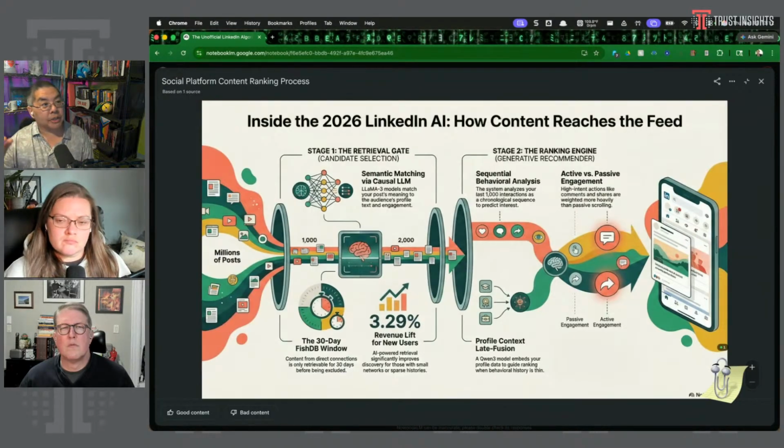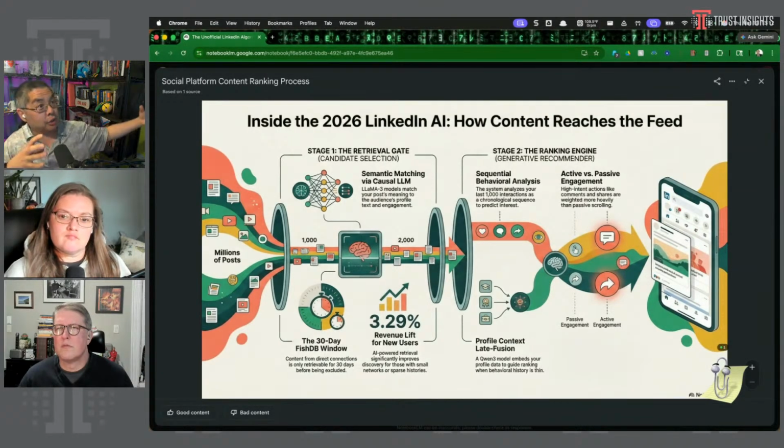What's different about this than previous versions of LinkedIn is that because they're using language models, it's now very heavily conditioned on two things: language consistency and your interaction history. So if Katie is constantly posting about strategy and digital transformation and change management and organizational behavior, it will see this long history and the language associated with it and say, this is what Katie is about.